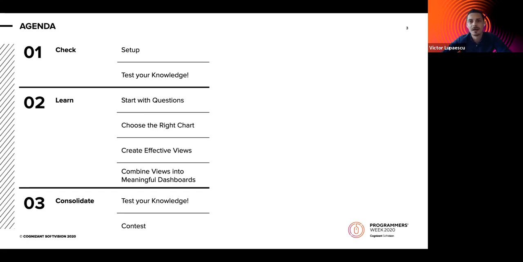Then we'll go through a learning process. There we'll go through some specific steps that make sense whenever you're trying to show any kind of information in a visual format. And at the end, we'll consolidate your learnings. We'll test the knowledge again. Hopefully we'll get a better result than in the first test, and that will mean that I've succeeded in helping you better understand this topic.